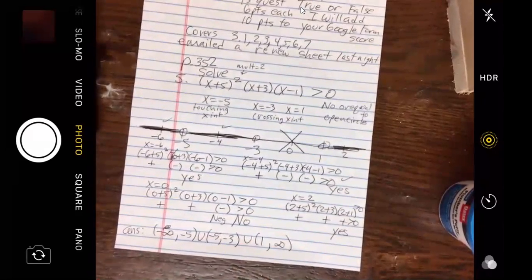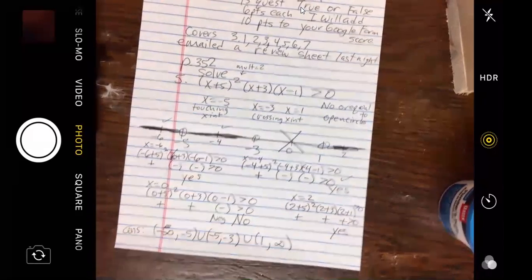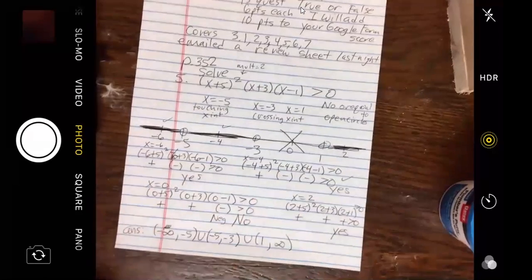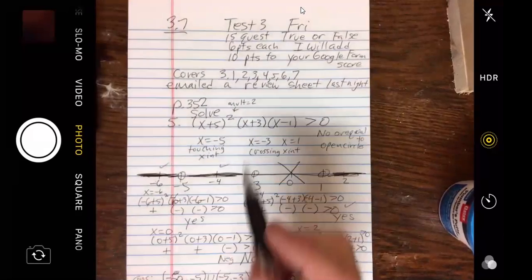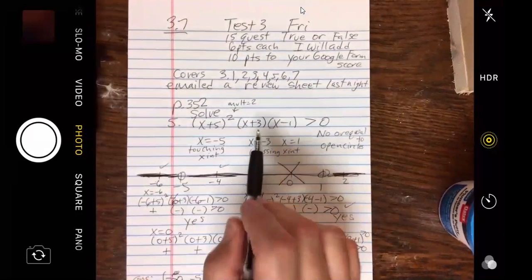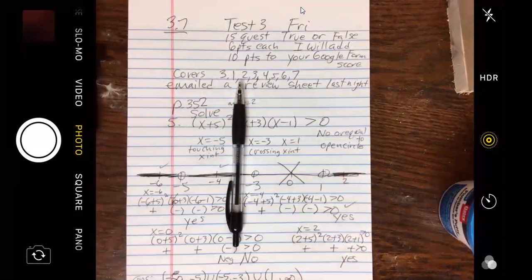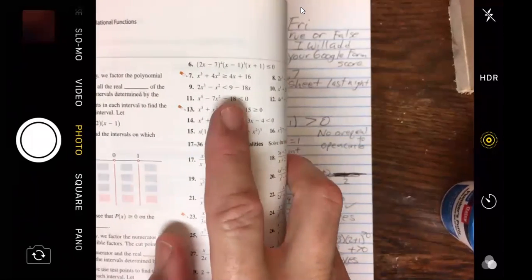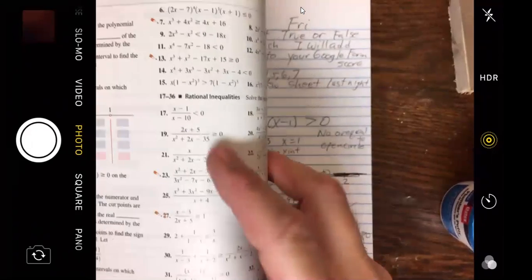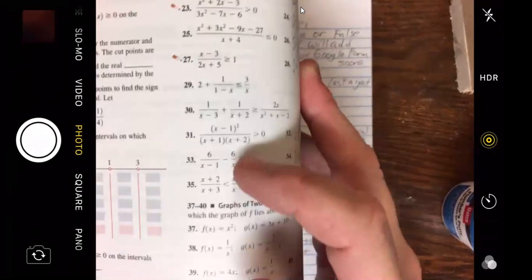Three of those intervals work. Probably without the square, only 2 of them would work, but the squaring puts 3 of them in play. That's the first kind of problem in this section, basically a polynomial, and they were kind to you because they factored it. Further on, you'll have to factor and collect terms, a lot of algebra to start. In the last section, you have these fractions, and down toward the bottom, it gets pretty nasty.